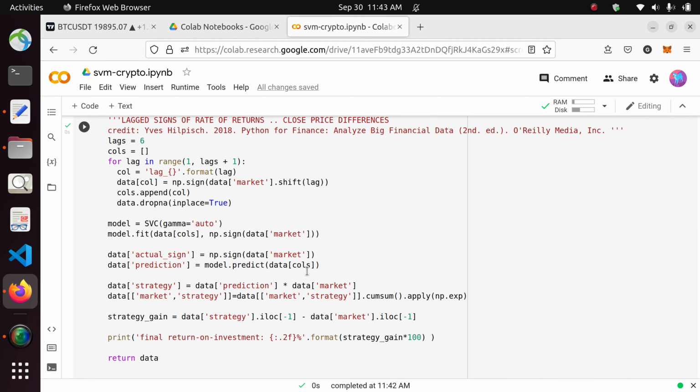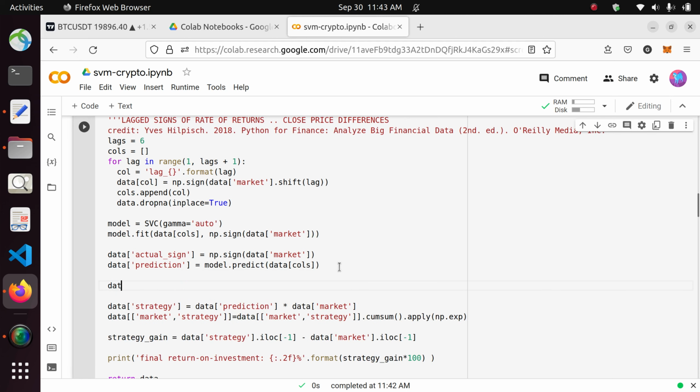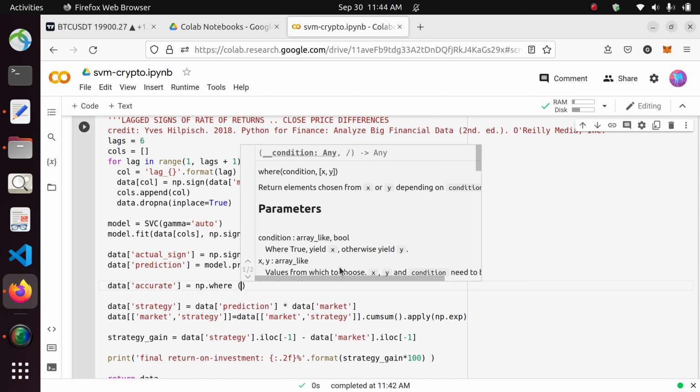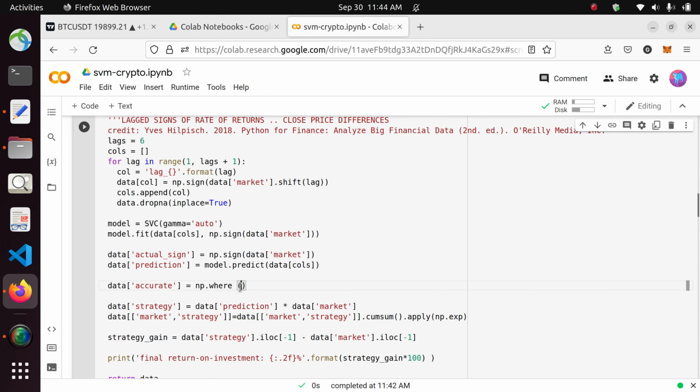How do we get all of these? I'll create a new column called accurate. Accurate will be a column of booleans, where we want the actual sign to be equal to the predicted sign.